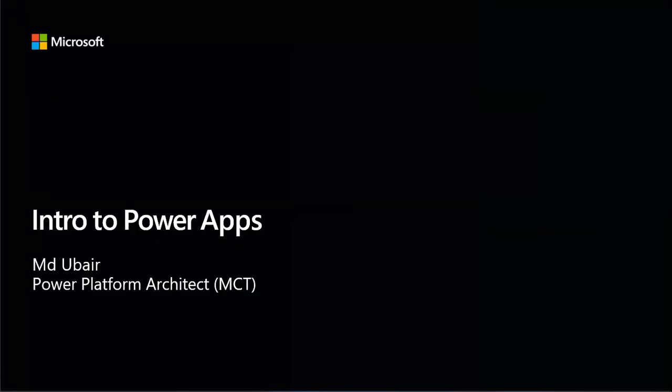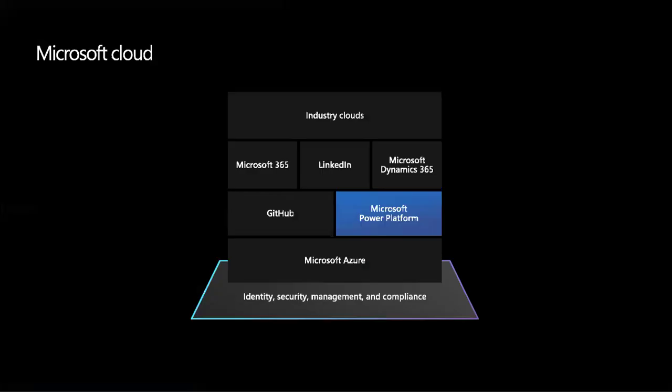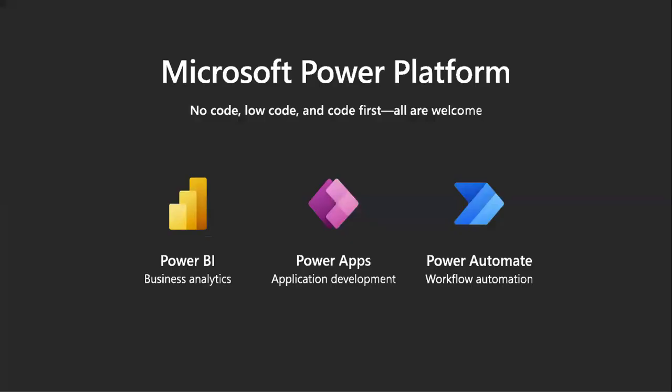There are three parts coming under Power Platform: Power BI, Power Apps, and Power Automate. All these three do different functionalities altogether. They can create end-to-end solutions, or sometimes you can club all of these together, or any two of them together, to meet your requirements.